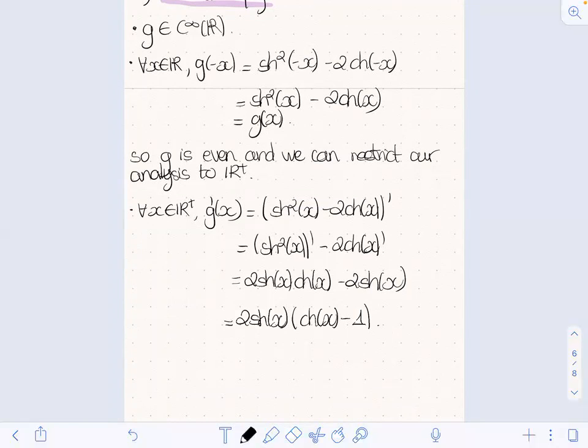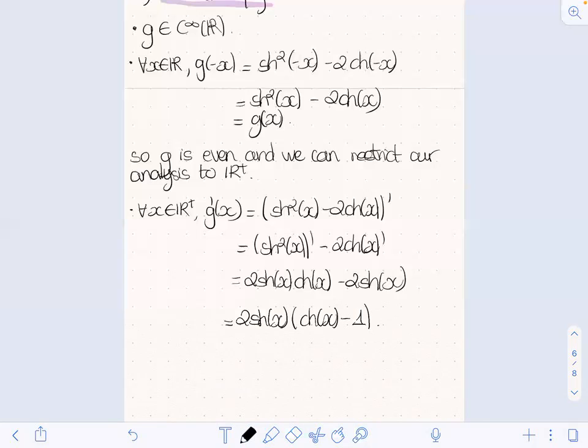And so what's important is that we manage to establish the sign of this derivative. Can you tell me anything about the sign of the different parts of this derivative? 2 times sh of x is always positive. Someone else was about to say something, I think.